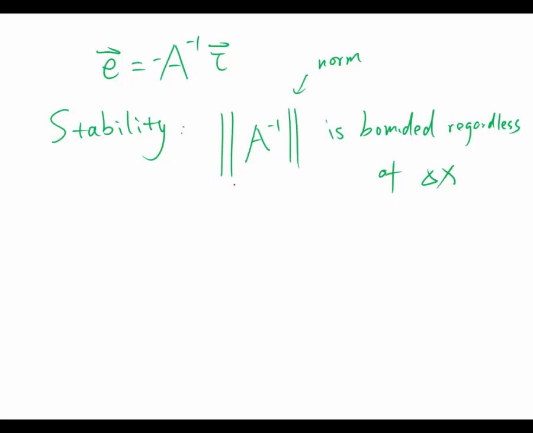Okay, so what is the norm? What is the norm of a matrix? The norm of the matrix is the maximum ratio you can get between the solution error and truncation error.